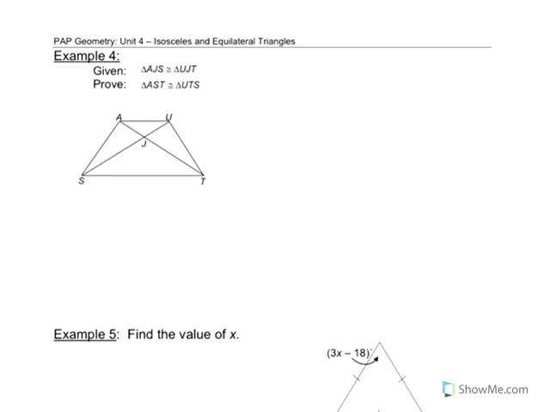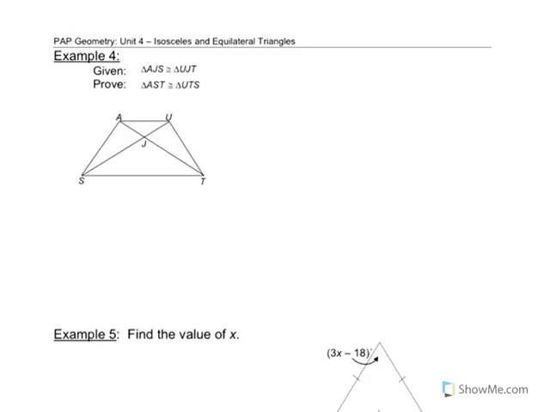Okay, so on example 4, this next proof is a little more dicey than what we did on the front page. So let's see if we can map out a plan for doing a proof. We're given that triangle AJS is congruent with UJT, and then we need to prove that triangle AST is congruent with UTS.